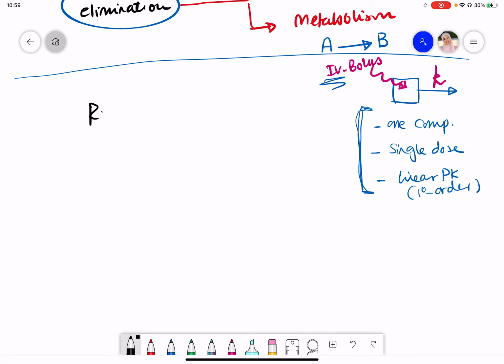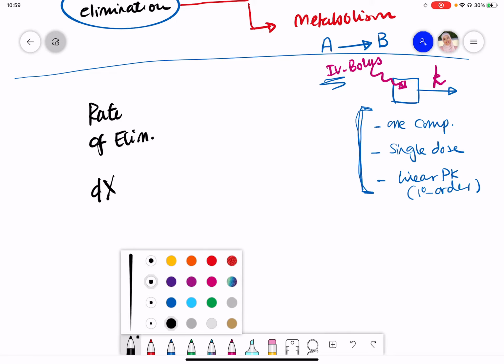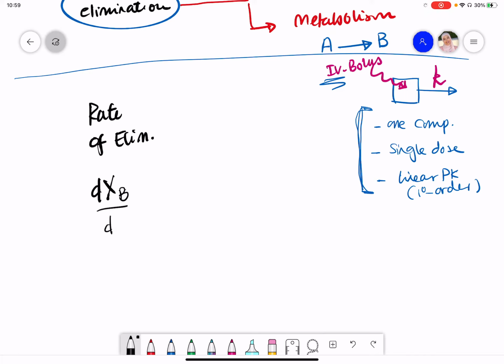So we had rate of elimination as dXb over dt at certain time, equal to minus k, which is the elimination rate constant, multiplied by the amount remaining in the body at certain time.